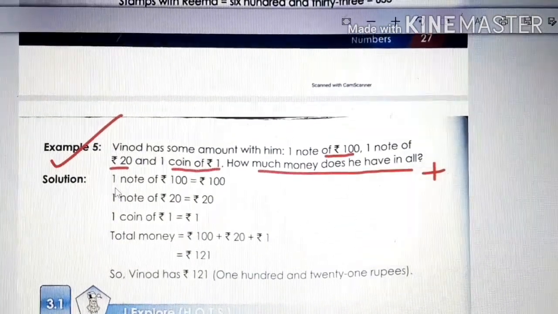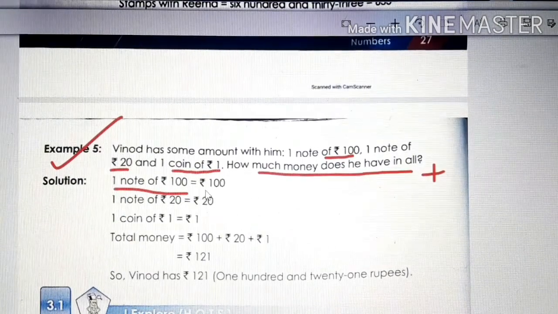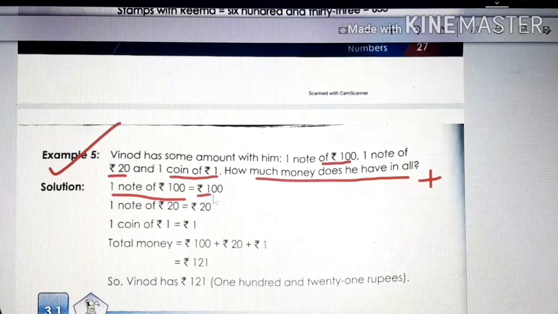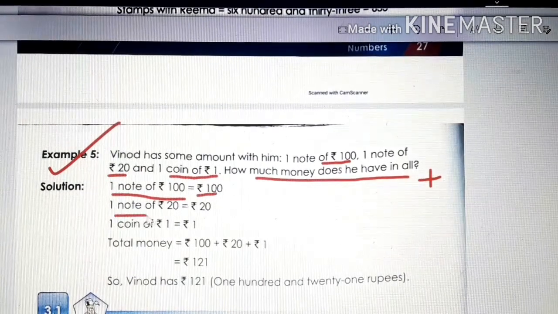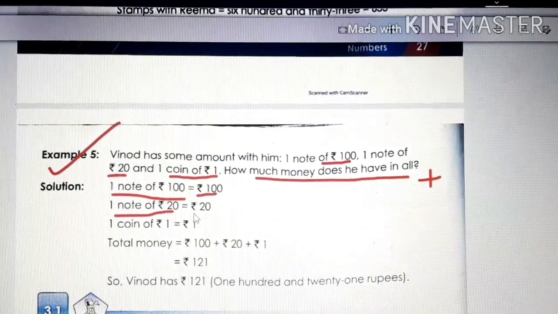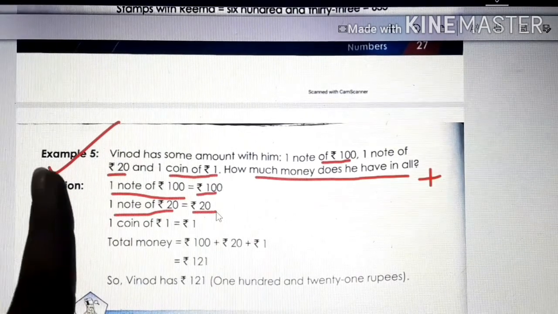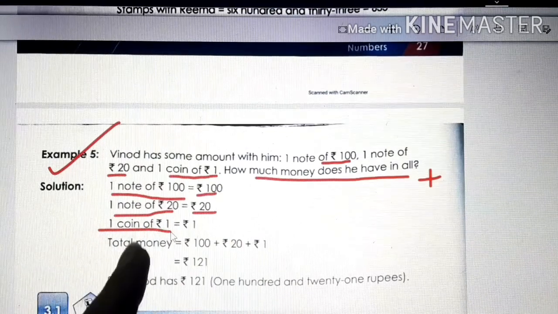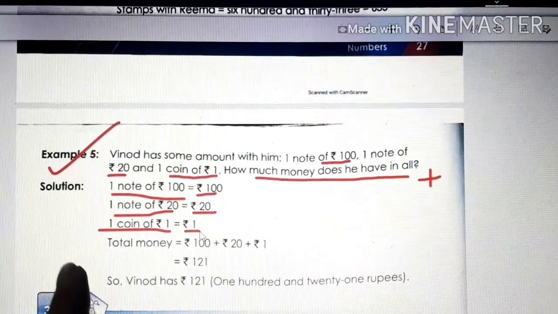One note of rupees 100. So how much money does he have? If you have one note of rupees 100, you have rupees 100. Then second, one note of rupees 20. So he has rupees 20. Okay. So one coin of rupees 1. So he has rupee 1. Clear?